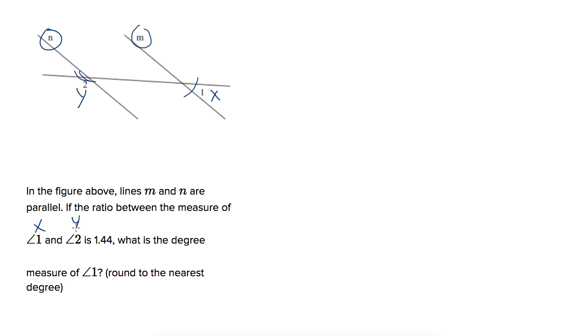I'm going to say X over Y equals 1.44. That's what it means when it says the ratio between the measures. That's just saying X over Y, angle 1 over angle 2, equals 1.44. And now we need to find the degree measure of angle 1, of X here.